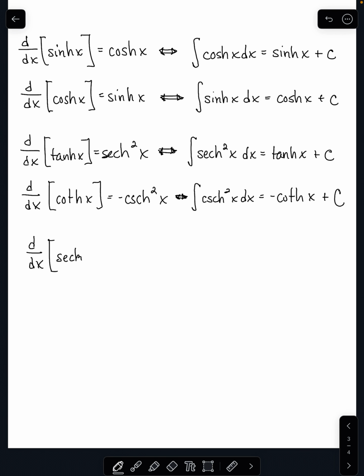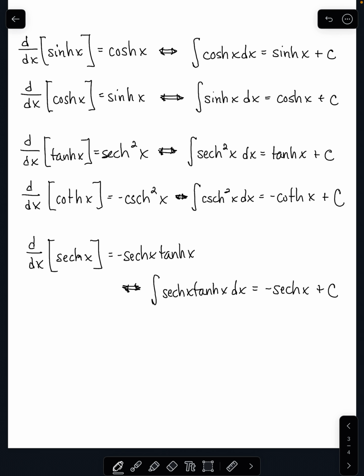The derivative of hyperbolic secant is negative hyperbolic secant times hyperbolic tangent, which means that the equivalent integration statement is that the antiderivative of hyperbolic secant of x times hyperbolic tangent of x dx is equal to negative hyperbolic secant of x plus c.